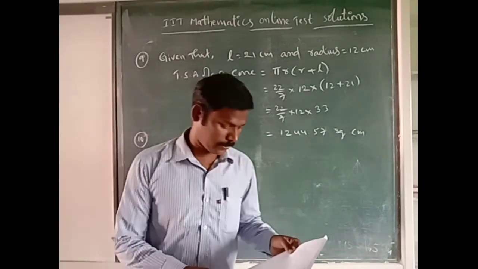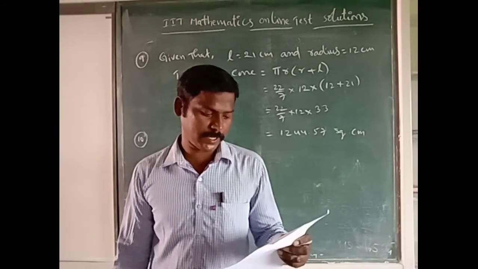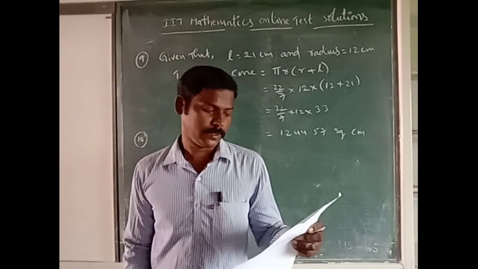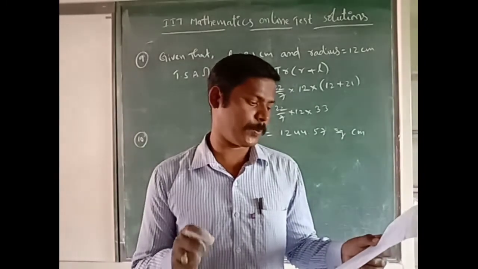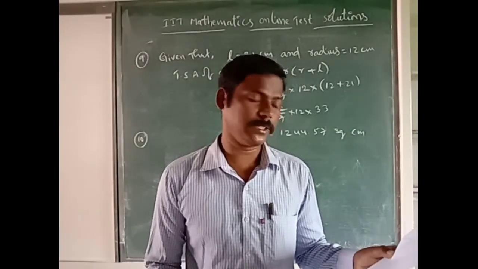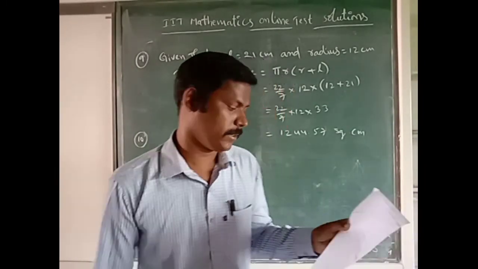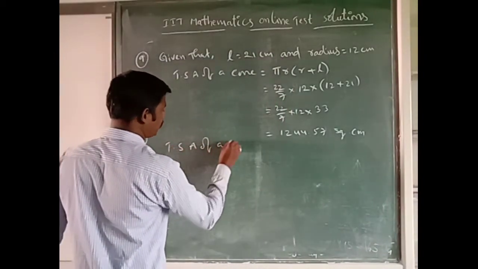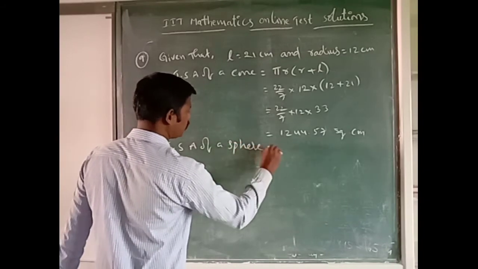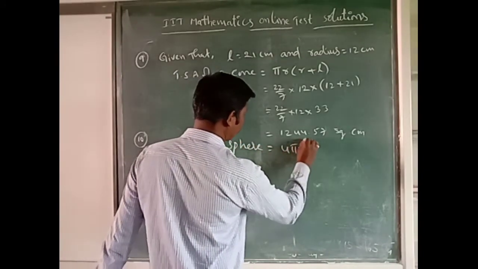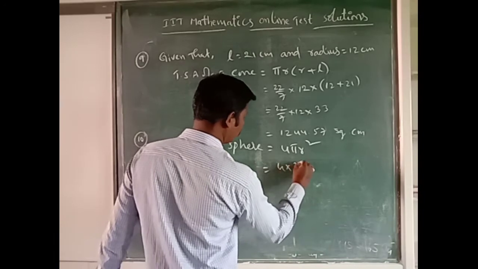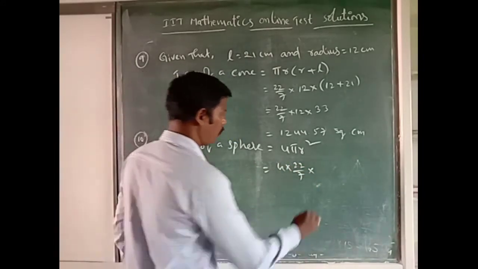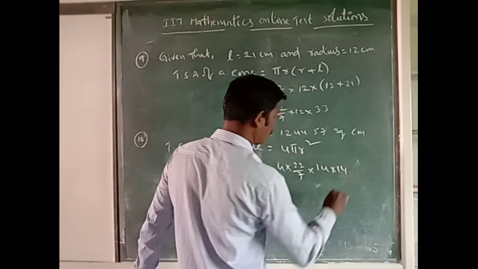Next, we have the 10th problem. What is the 10th problem? The surface area of a sphere of radius 14 centimeters. Total surface area of a sphere is 4πr square. 4 into 22/7 into, what is the radius given? 14. 14 into 14.